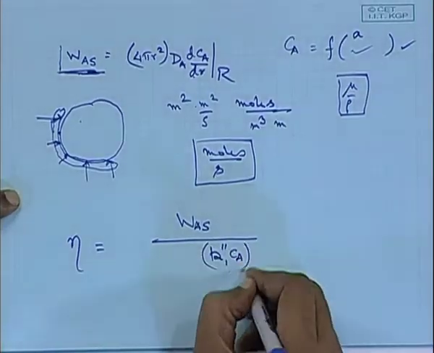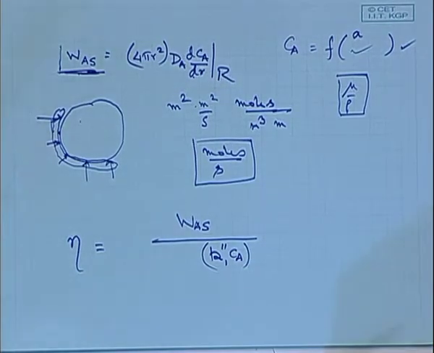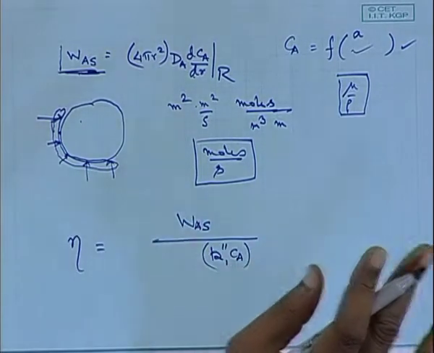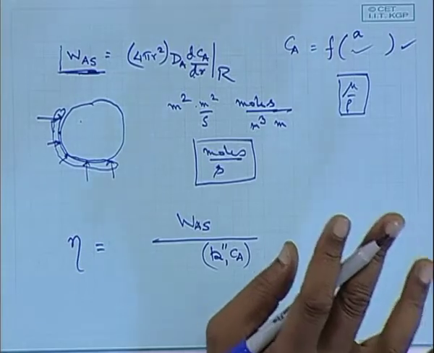You know that your reaction rate is K1 double prime Ca. If all the pores are exposed, what is the active surface area of your catalyst?